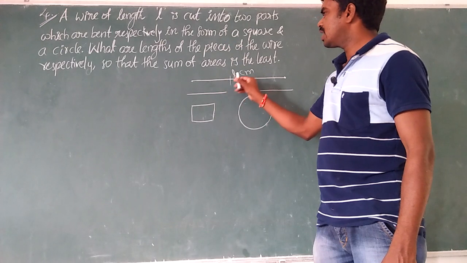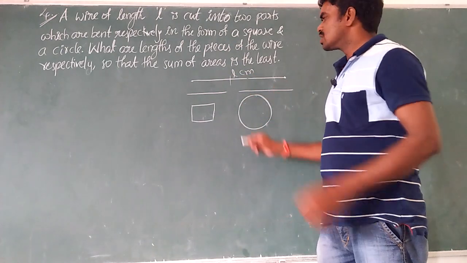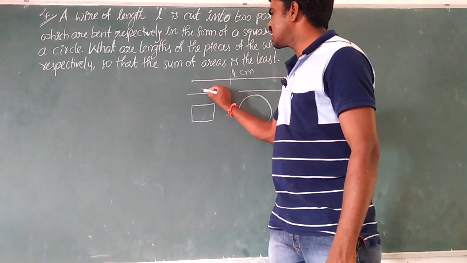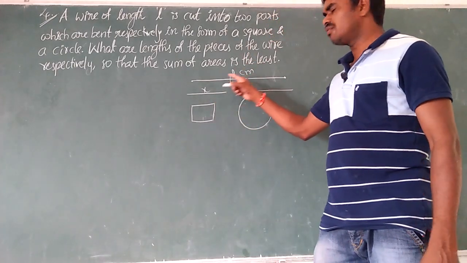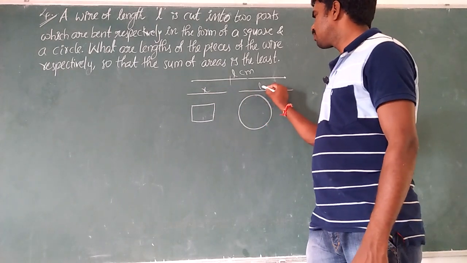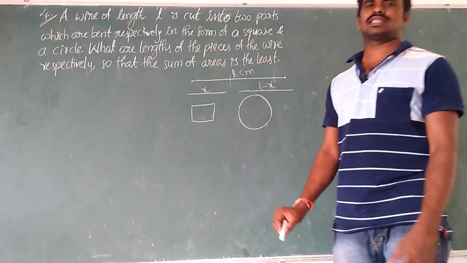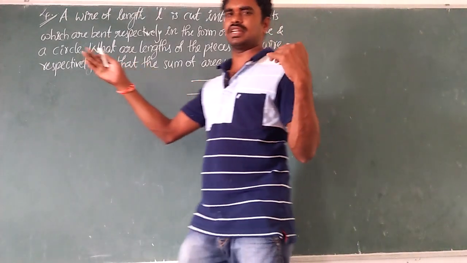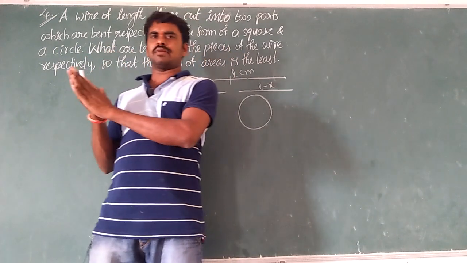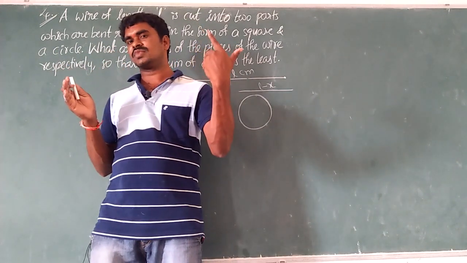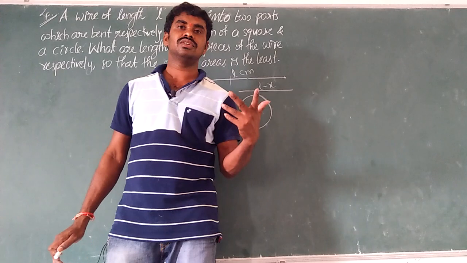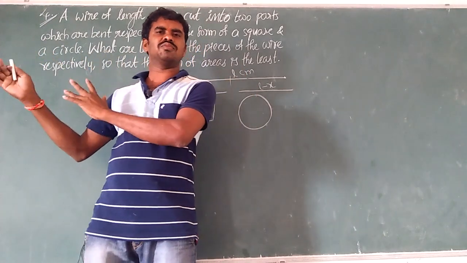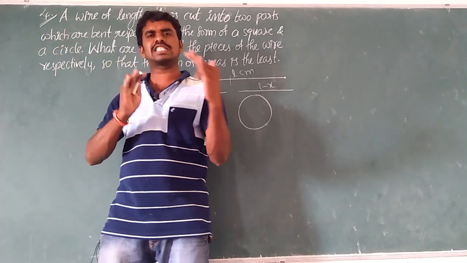The wire of length L is cut into 2 parts. We don't know the parts, so one part I am taking as x. Out of L, one part is x, and the remaining becomes L minus x. For example, if a wire is 10 centimeter and I cut 4 centimeter, the remaining length is 10 minus 4, which is 6 centimeter.